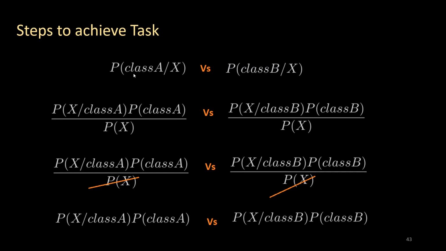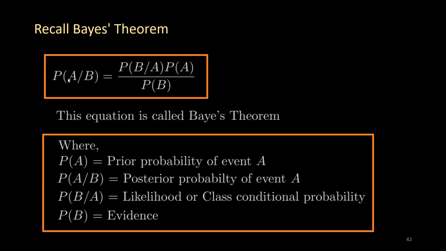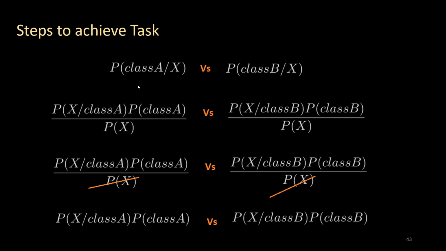Now this is P(class A | X). If you compare it with the previous equation, where it is the probability of A given B, in this case we have to find the class conditional probability, the probability of class A, which is the prior probability, and the probability of X, which is the evidence that we have a data point.